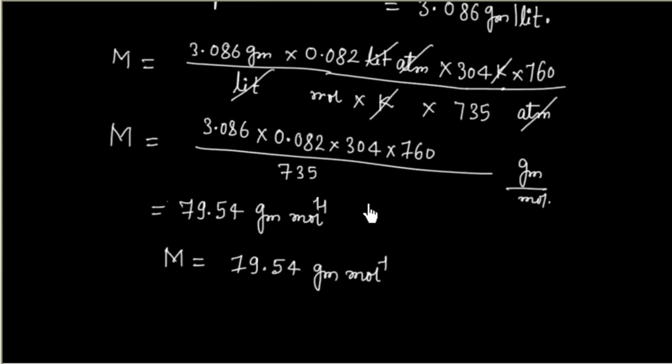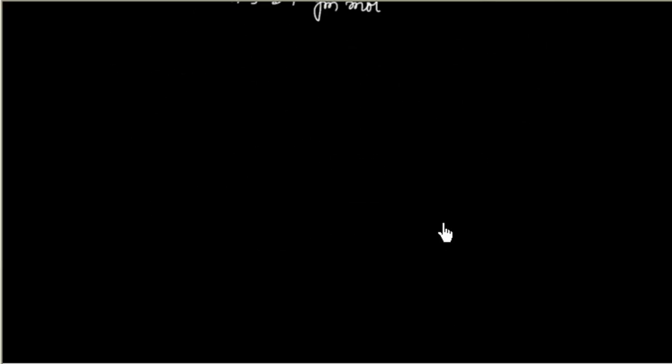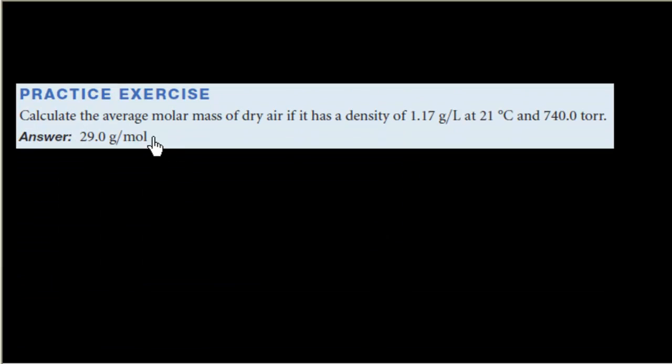So let us try a practice exercise. Calculate the average molar mass of dry air if it has a given density, temperature and pressure. So you can try yourself. This is a straightforward question.